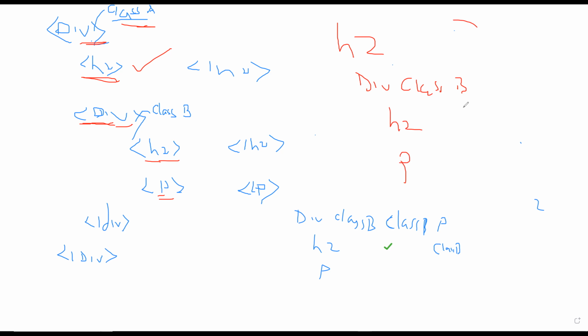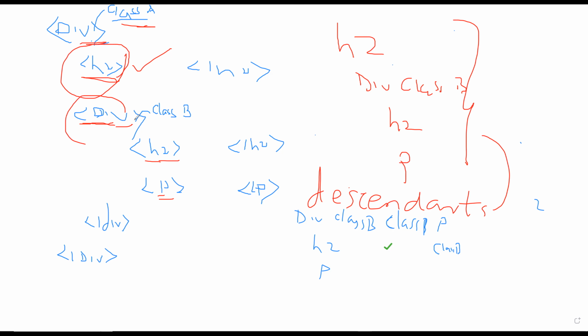These are descendants. But the children are just this and this. That key difference is very important for all of you to note, because that separates this selector from this selector.